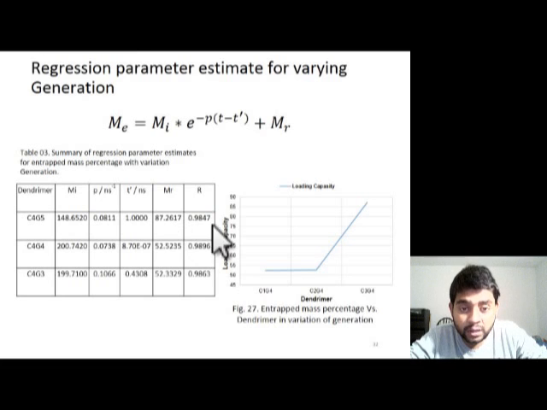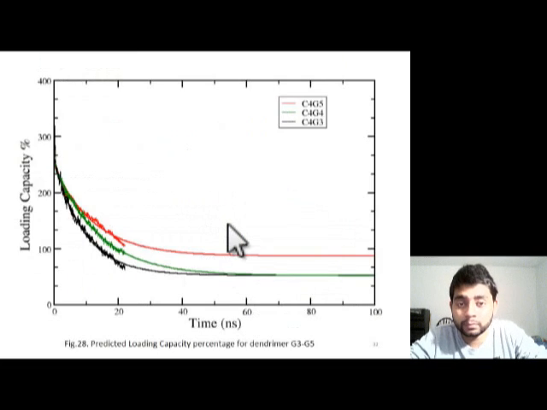Those data were fit with around 0.98 R squared value.